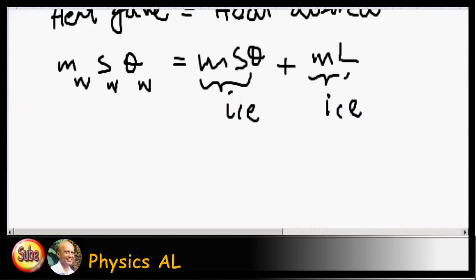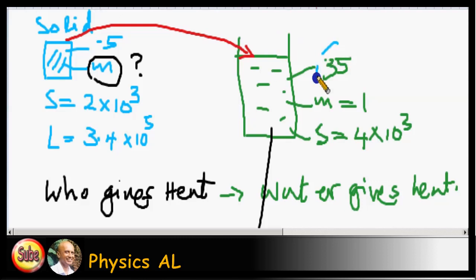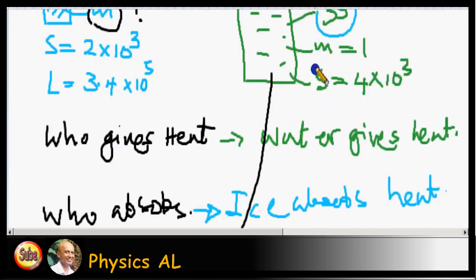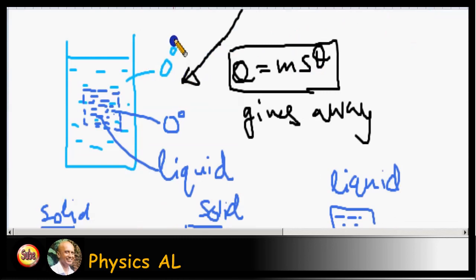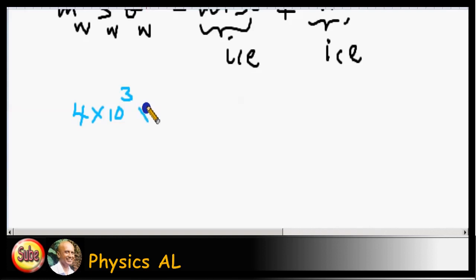Now we can substitute values. M of water is 1 kilogram, so we don't have to write it. S of water is 4 times 10 power 3. The temperature change of water is how much? Initially it was at 35 centigrade, finally it was at 0 centigrade. So 35 degrees.